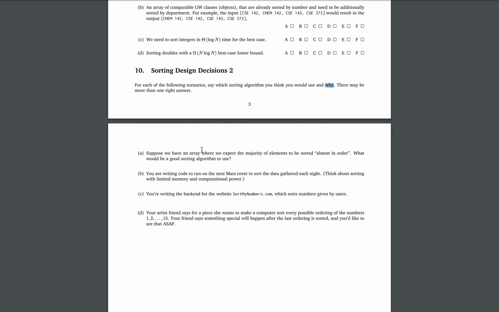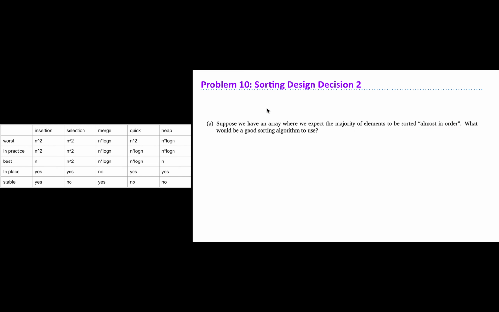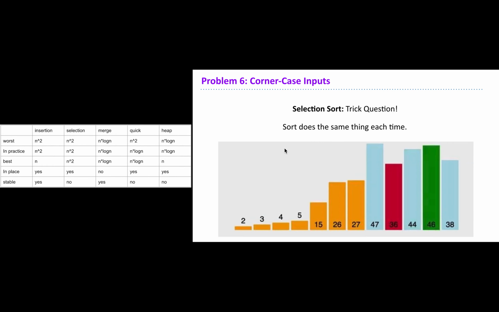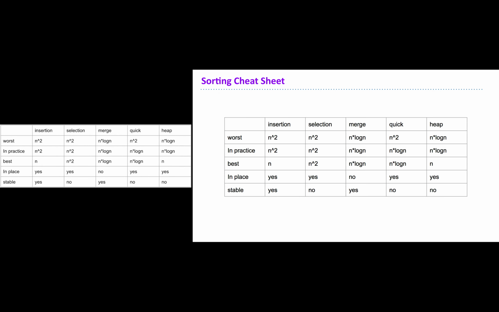So let's jump over. We have some slides for this. These are also linked on the course website. The other thing I have is that previously in this slide deck, there was a chart linked. I'll go back to it. We have this sorting cheat sheet, and I've taken a screenshot of this and put it up over here as a reminder.